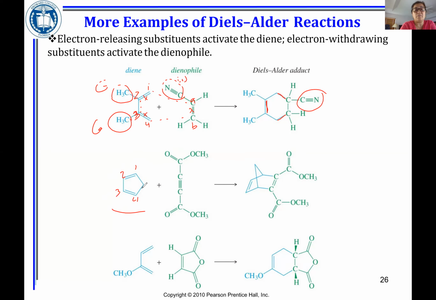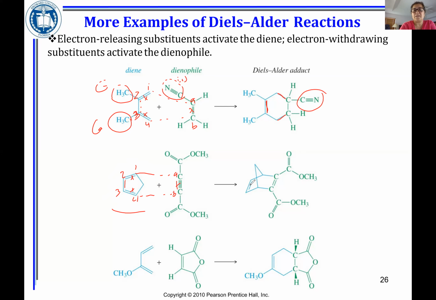Why do I always call these 1, 2, 3, 4? Because these are the ones that I'm interested in for the Diels-Alder reaction. This is carbon A, and that is carbon B. So if you just draw this structure like this, it's going to work. Okay. You break this pi bond, break that pi bond, and break one of these pi bonds.